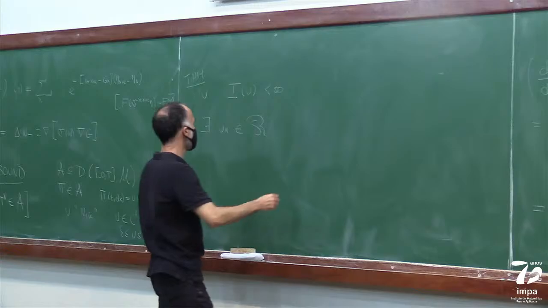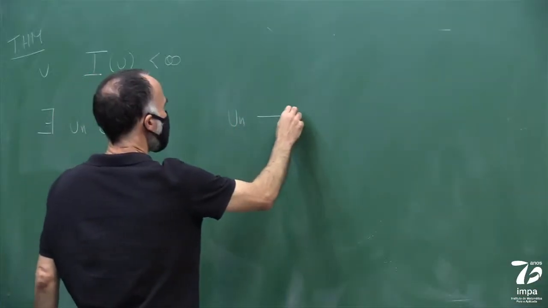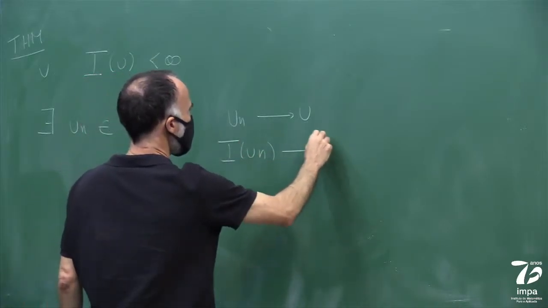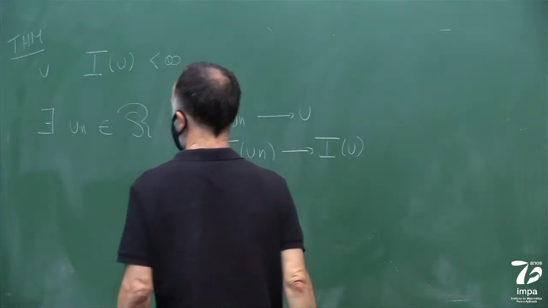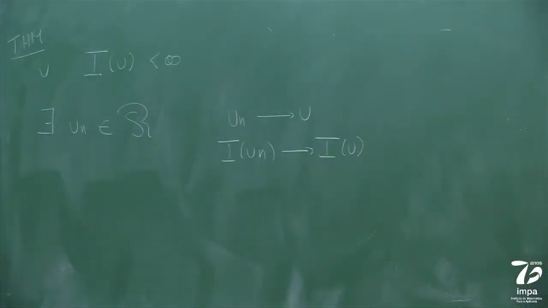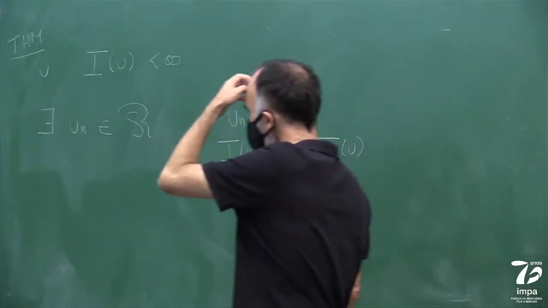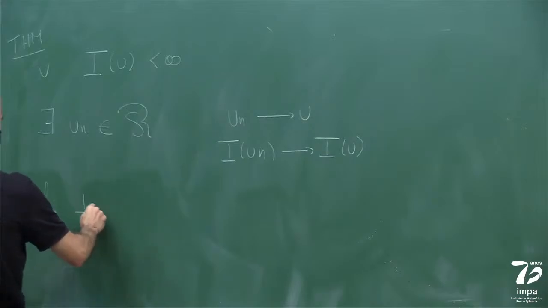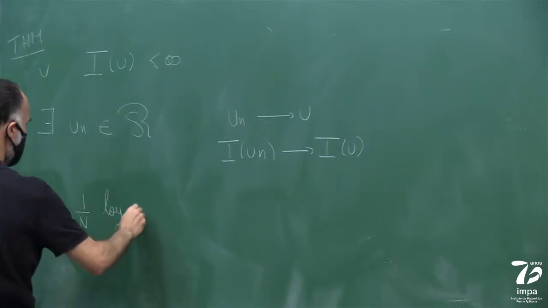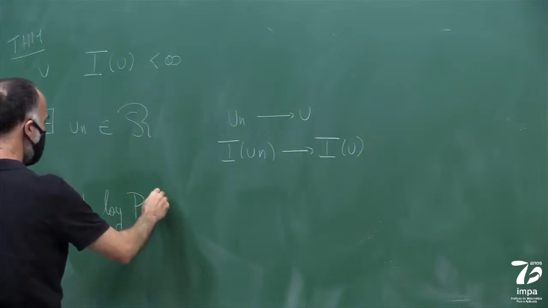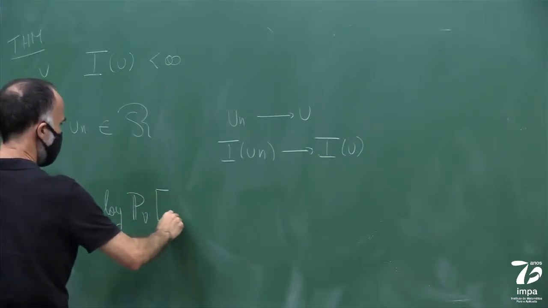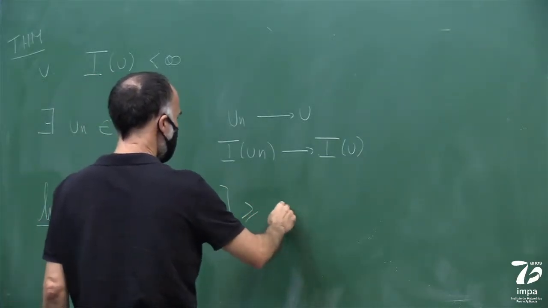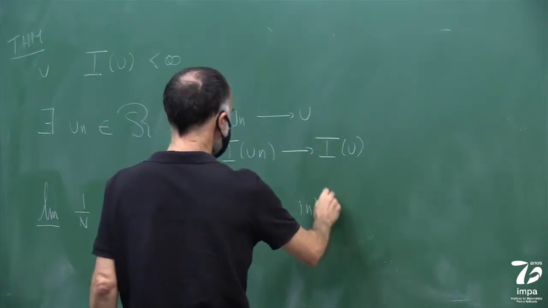There is a un which belongs to R such that un converges to u and I of un converges to I of u. Okay? Because what I want to prove is that the limsup of 1 over n log of the probability that pi n belongs to A is less or equal than minus the infimum of this.